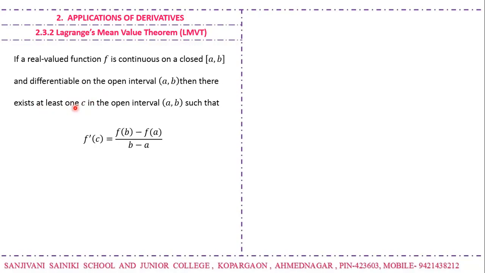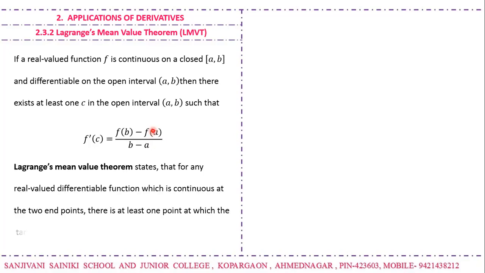There may be more than one, but this theorem guarantees at least one point in the open interval (a, b) such that f dash at c is equal to f of b minus f of a upon b minus a. So this is the theorem. This is the statement of Lagrange's mean value theorem.